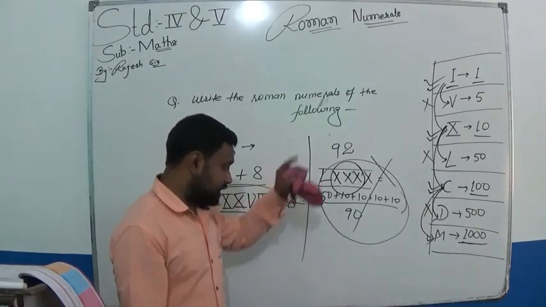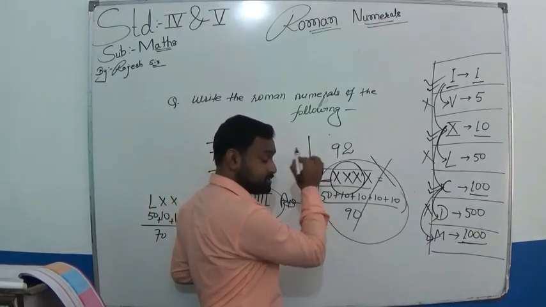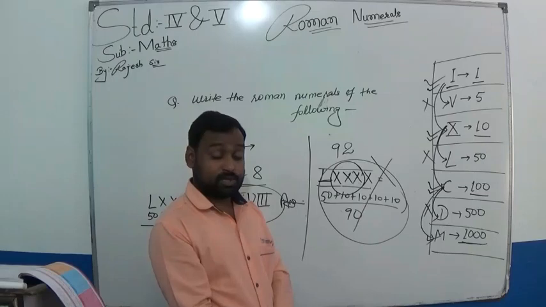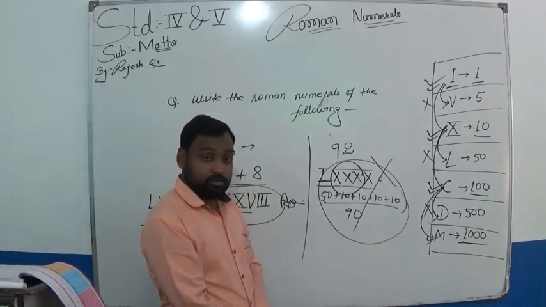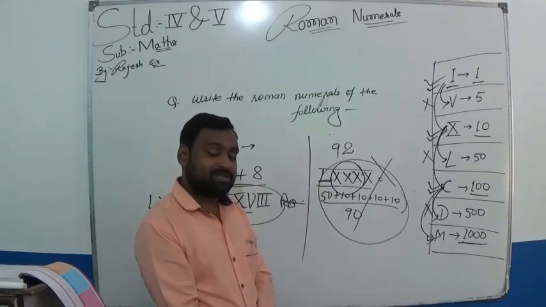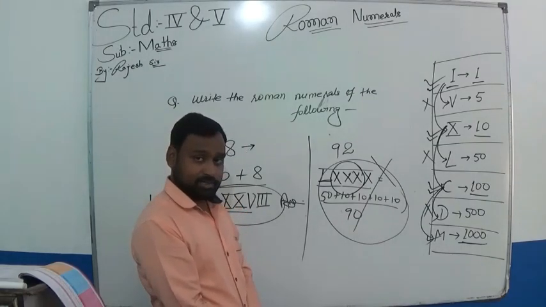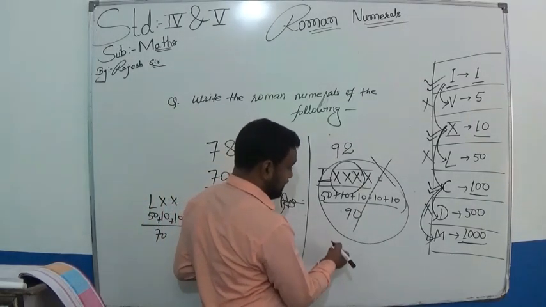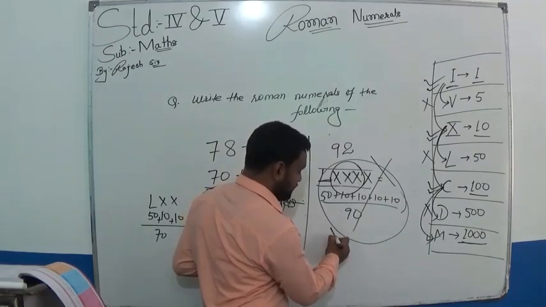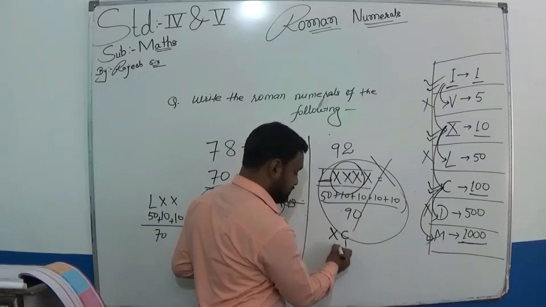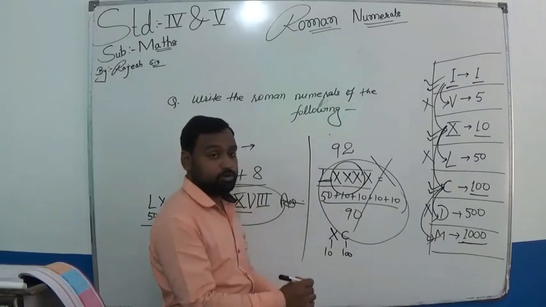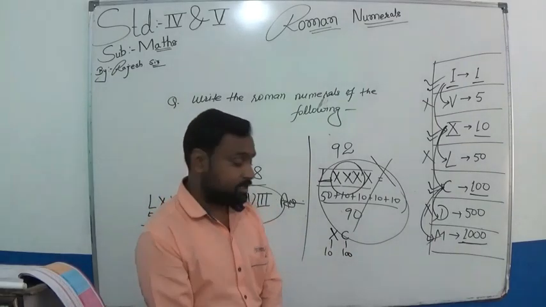That's why we can't write L plus 4 times X. Then we have to keep in mind how to write 90.